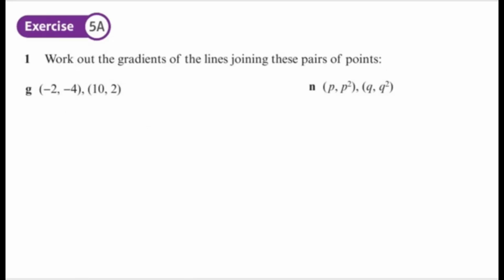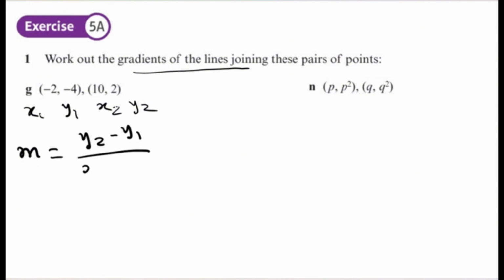Exercise 5a, work out the gradients of the line joining these points. So we have two coordinates. This is our x1, this is our y1, this is our x2 and this is our y2. We know the gradient formula: m is equal to y2 minus y1 over x2 minus x1.